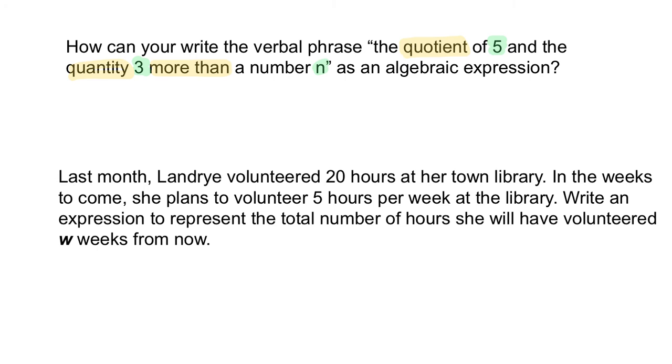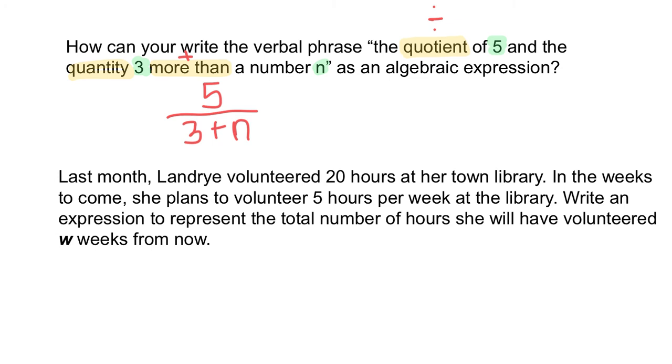So I know quotient means to divide. And then I have more than, that means to add. So when you divide for algebra, you typically show that as a fraction. And so the quotient of 5 and 3 more than a number n. So 5 and 3 plus n. And that would be how I would show that quotient.